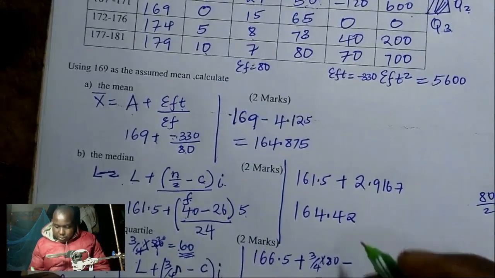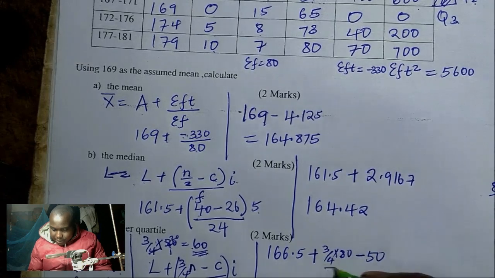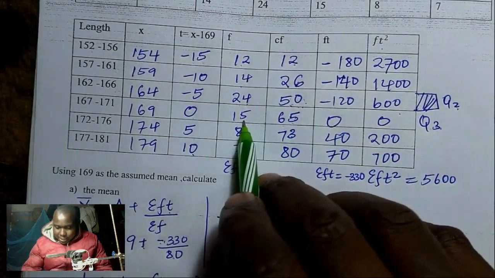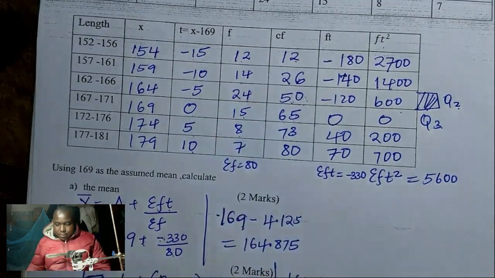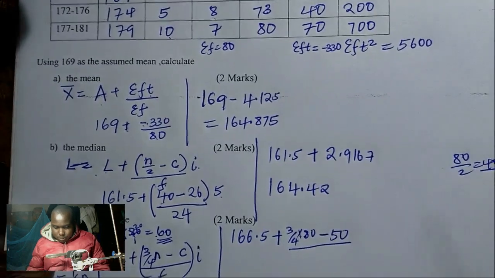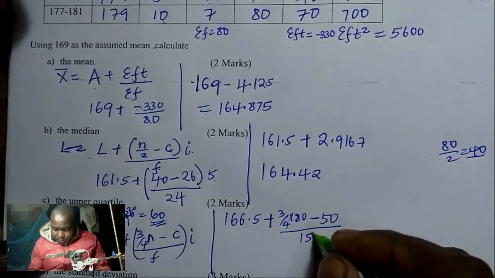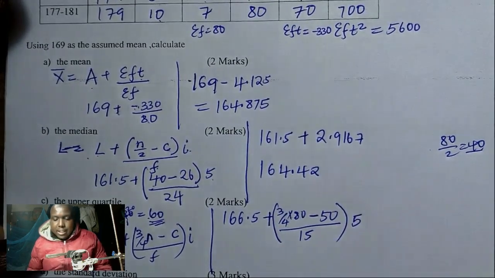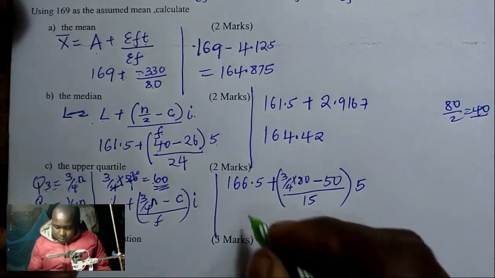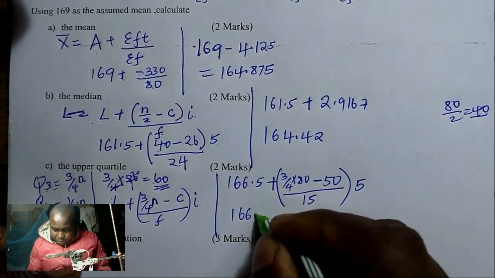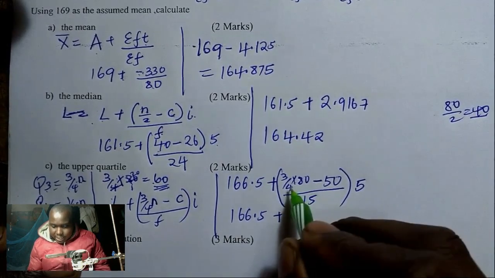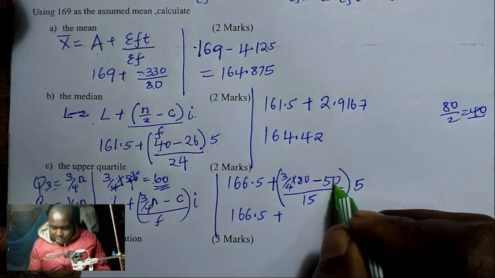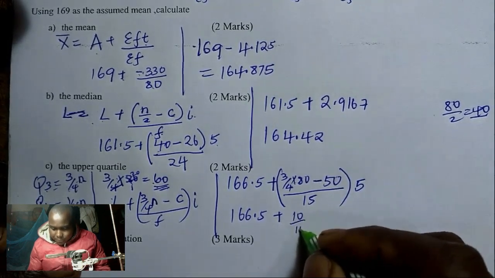You subtract 50 and then divide by the frequency in that class. The frequency in the class is 15. Then times I, which is 5. I is the class interval. So this one is 166.5 plus 60 minus 50, which is 10, over 15, times 5.